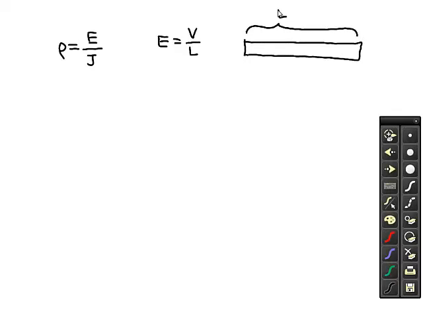The voltage is going to be the potential difference across the piece of metal. But again, because of tradition, we don't say delta V in the equation. We say V. So don't get confused. This is just another form of V equals ED because the electric field inside the metal is uniform.